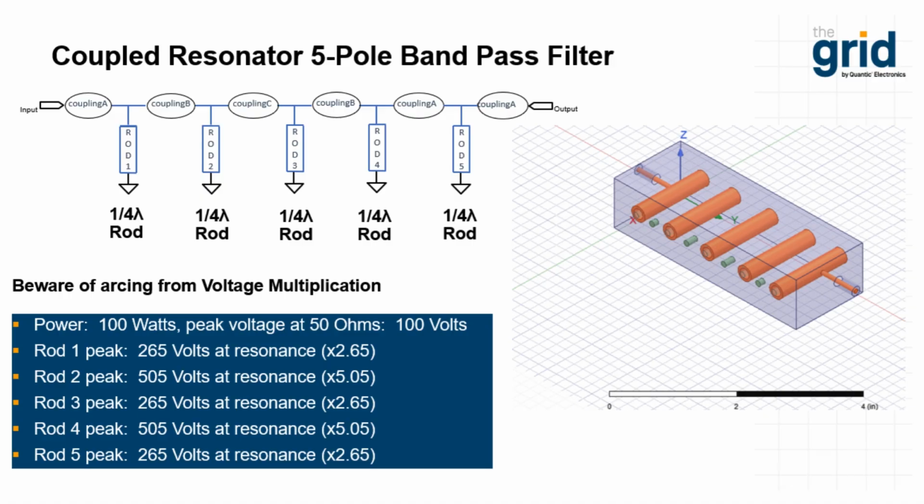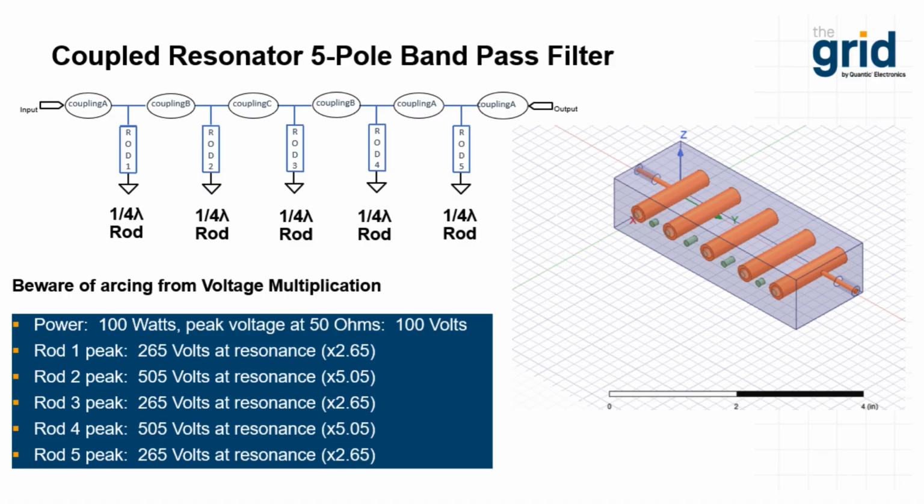But in this particular example, I simulated this filter, and the voltage at the top of the second rod was over 500 volts, whereas you wouldn't expect it normally to be over 100 volts. And this would be of concern if you were at high altitude and you were worried about breakdown voltage from the top of the rod to the grounded case of the enclosure that the rod is enclosed in.